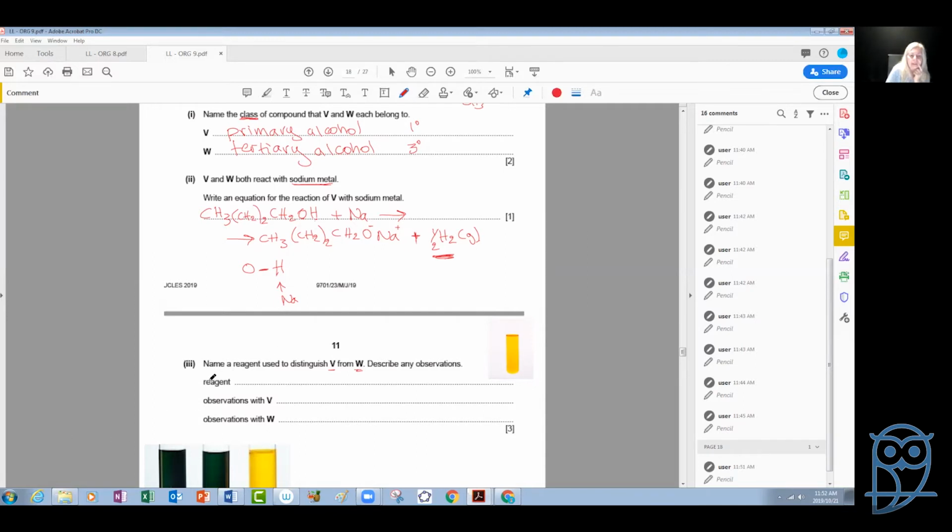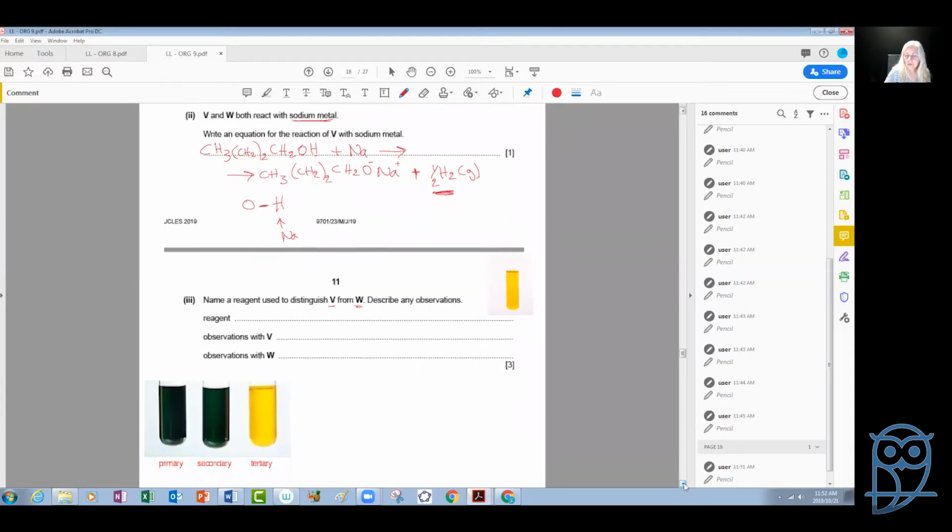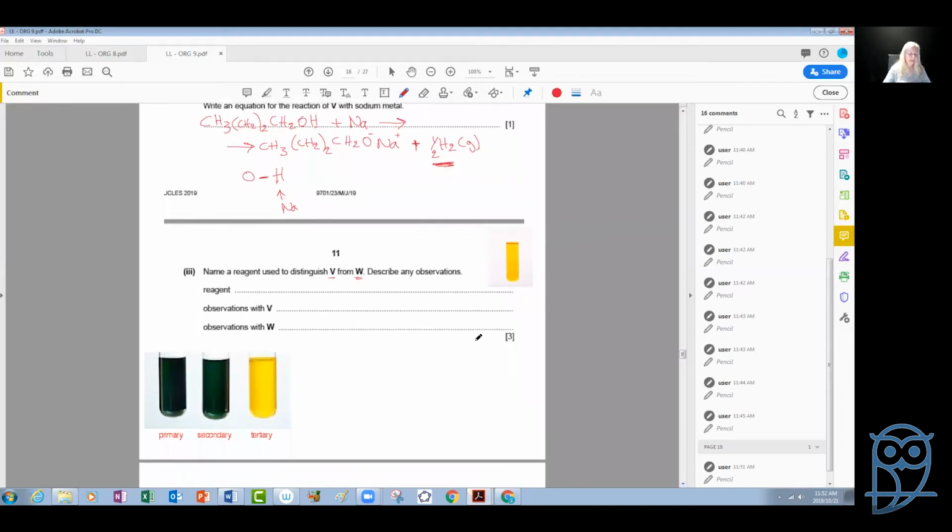The way to distinguish is using, you remember, this test from the oxidation of the alcohols. If we use the oxidizing agent, which is dichromate ions, we can test if an alcohol is tertiary or something else.